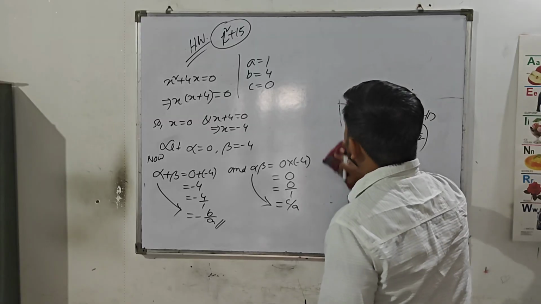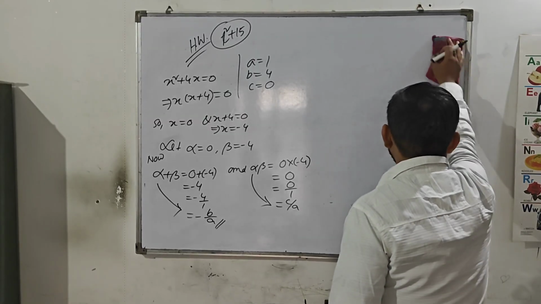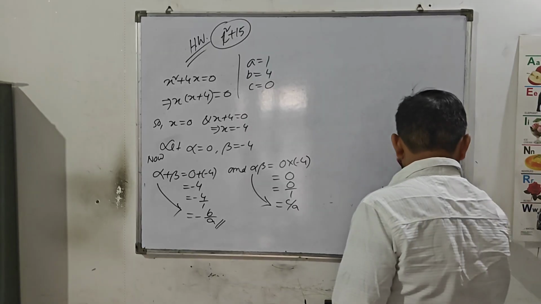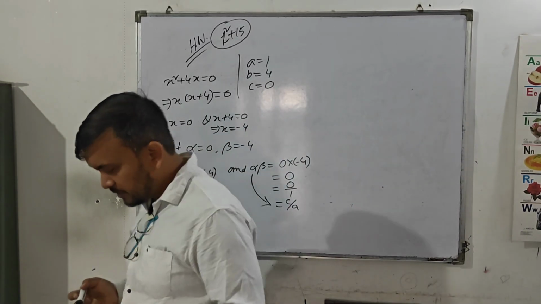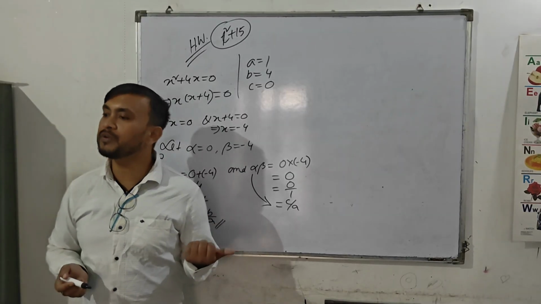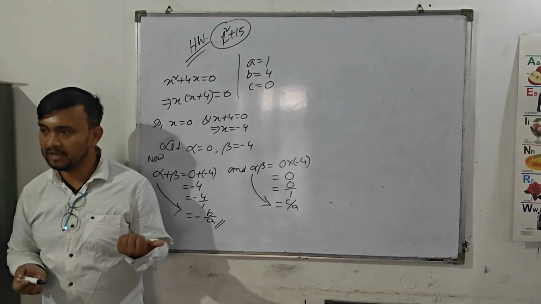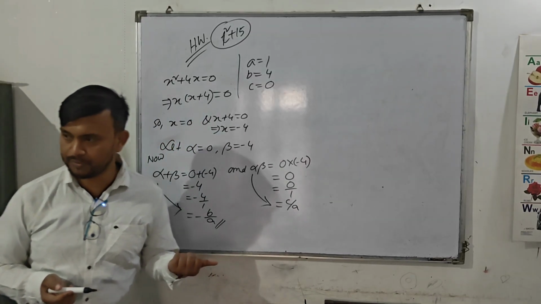So we have learned how to solve one quadratic polynomial to find its roots. How many roots are there? There are 2 roots. After solving the polynomial, we have to consider both of the roots as alpha and beta. Alpha and beta are none other than the names of the polynomial's roots.